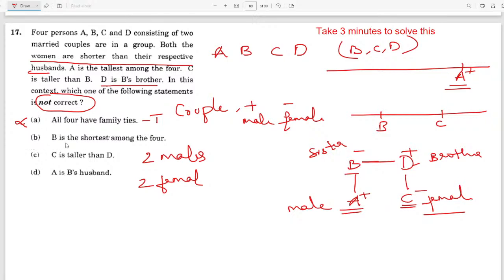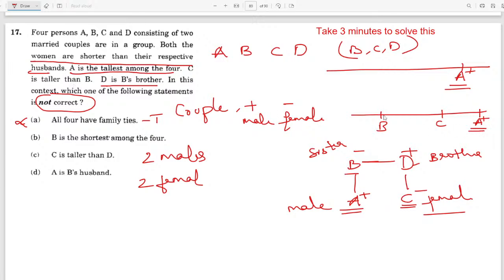The second statement is B is the shortest among the 4. A is the tallest among the 4, so A would be here.